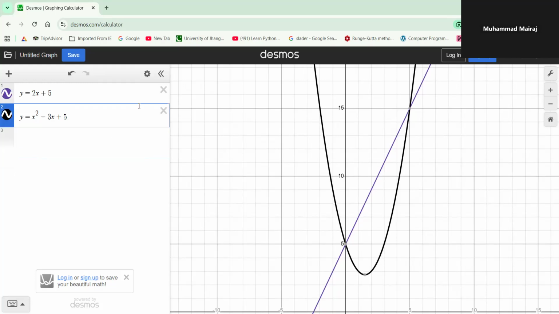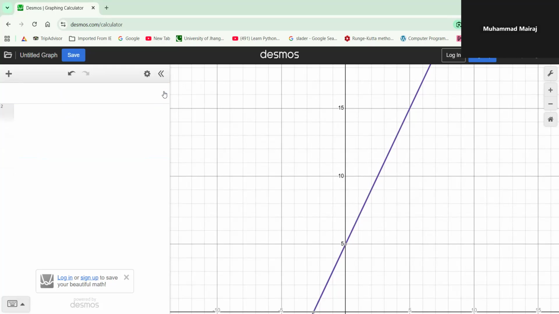Now let's do another problem, which is an exponential model. Let's say a population is modeled by an equation, P as a function of t equals A times 1.08 to the power t, where t is the number of years, and the population is 25,000 initially at t equal to 0.